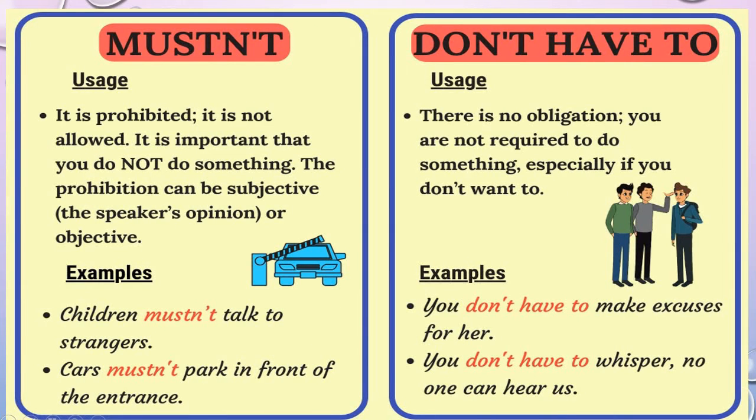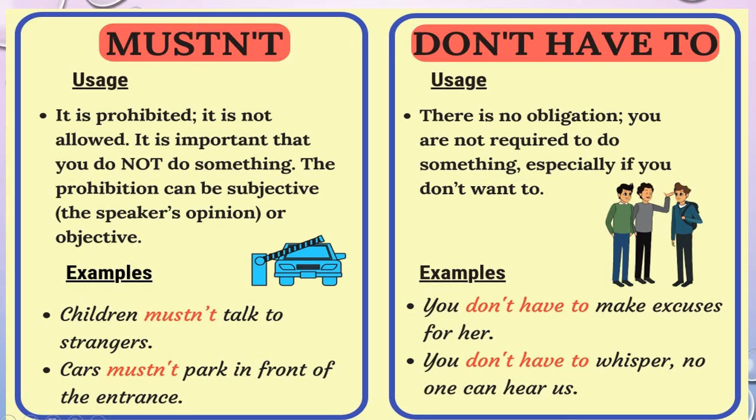This is the negative form. First, mustn't or else must not. Usages: it is prohibited. It is not allowed. It is important that you do not do something. The prohibition can be subjective, that means the speaker's opinion, or objective.